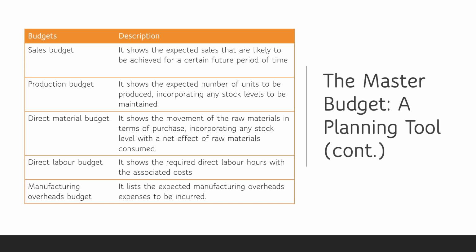Direct material budget, which means you need to track the movement of raw material, including purchases and usage. And direct labor budget actually estimates the labor hours needed and associated costs. And then manufacturing overhead budget, which is the list of expected expenses for manufacturing overhead costs.